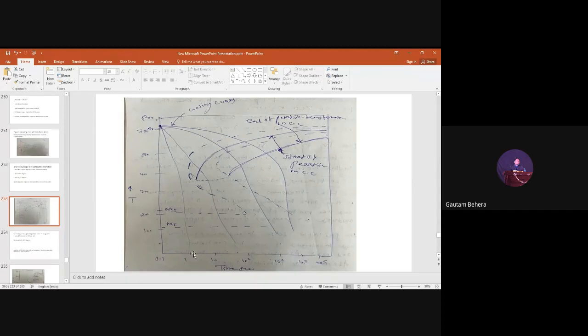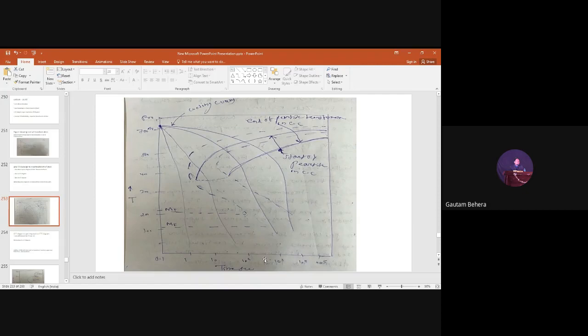The transformation will start quickly at a certain time, right? And within some seconds, but it also depends upon the cross-sectional area. I told you, suppose you are taking a very thin piece of steel, you austenitize it and put it into the salt bath. Within some seconds, the transformation will be finished because the thickness of the sample is very low. But for industrial scale, the thickness of the specimen is very big.